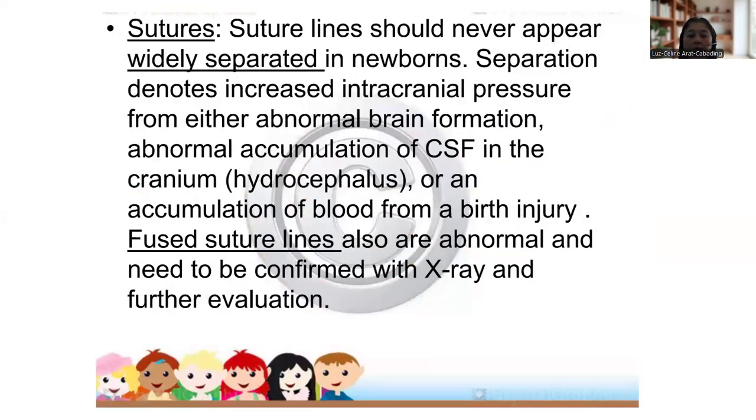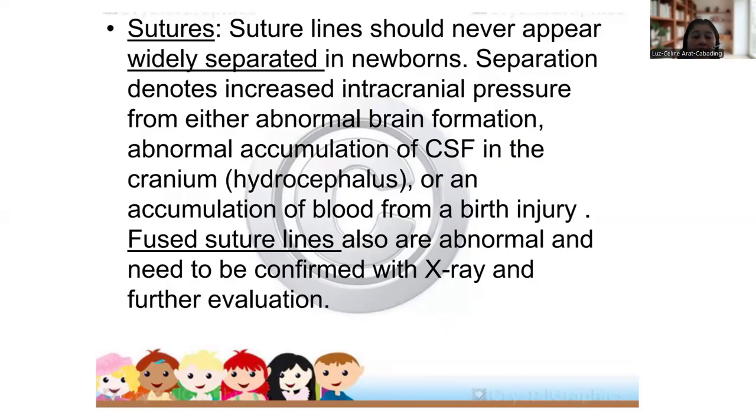So again, those suture lines should never appear widely separated in newborns, because later on those suture lines will become almost non-distinct, because the bones next to them would start fusing.